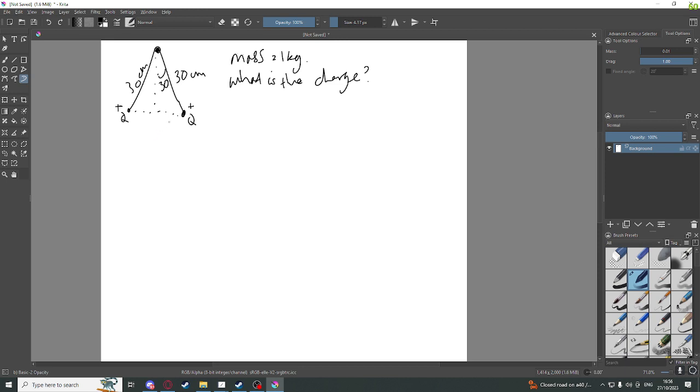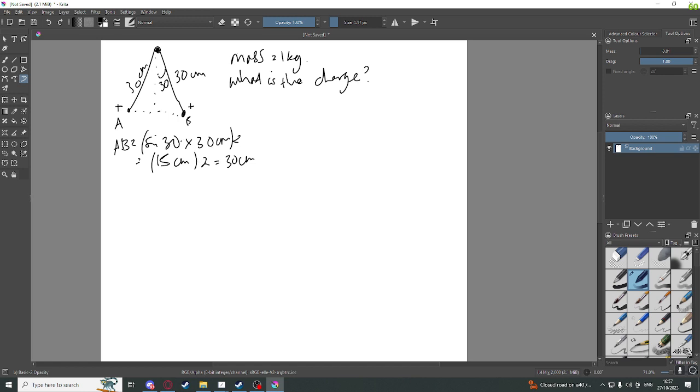So to solve this, we will have to first find the distance between, I'll call this charge A and this charge B. So first I have to find the distance AB, and AB is equal to sine 30 times 30 centimeters, which will be 15 centimeters, and I have to times that by 2, which will give me 30 centimeters.